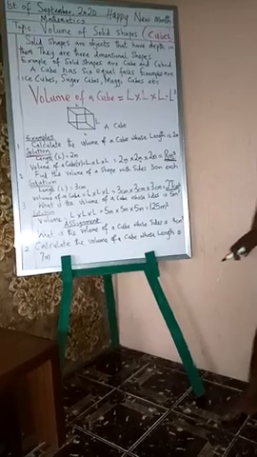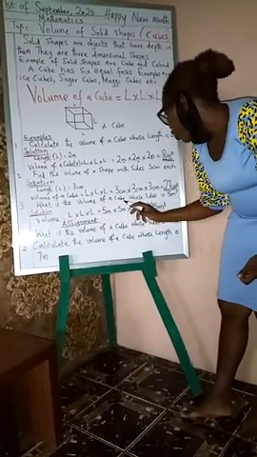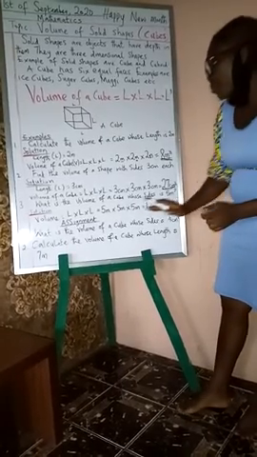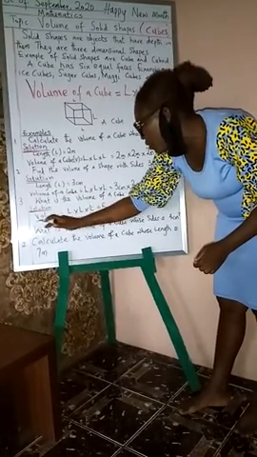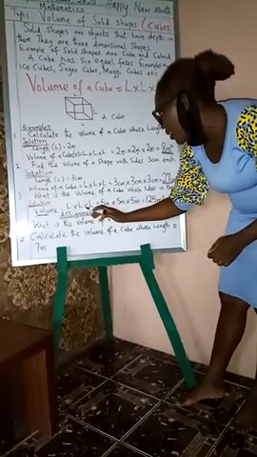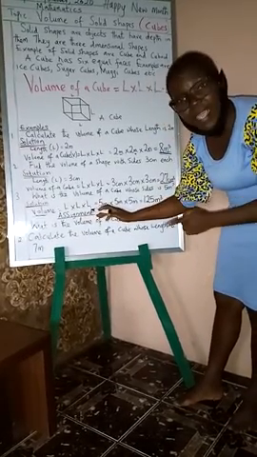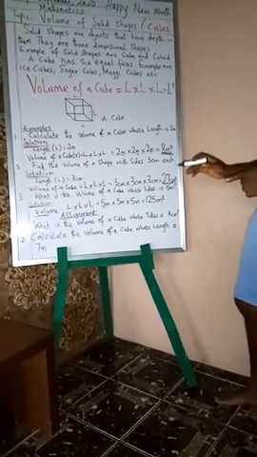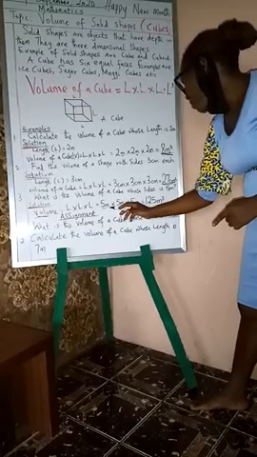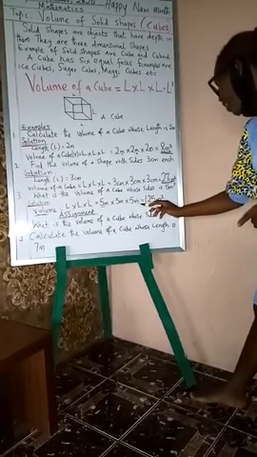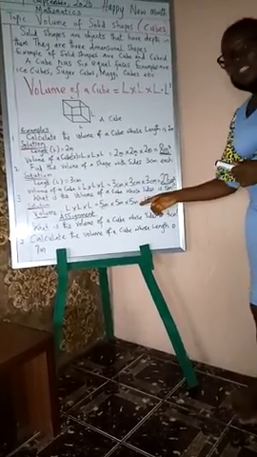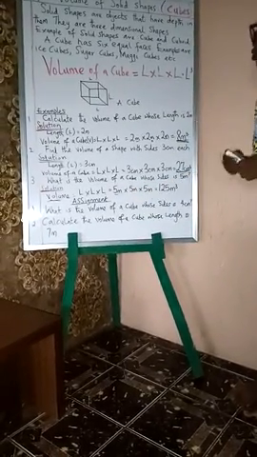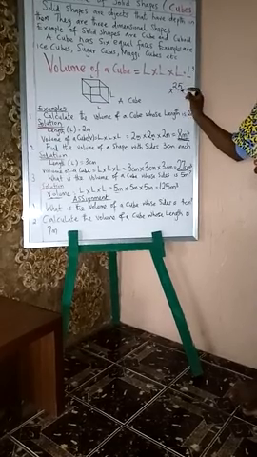Now look at example 3. Example 3 says, what is the volume of a cube whose side is 5 meters? At this point, you have to state the volume formula first. Volume is equal to L times L times L. And the L here, which is the length, is 5 meters. So if I bring in that parameter and substitute, I have the volume to be equal to 5m times 5m times 5m. What is that? How do we get that solved? 5 times 5 gives me what? 25, right? Now let's go. 25 times 5 again.